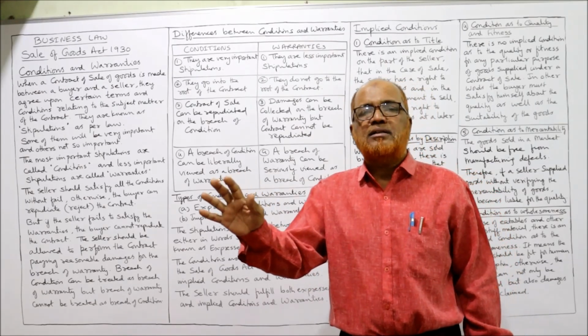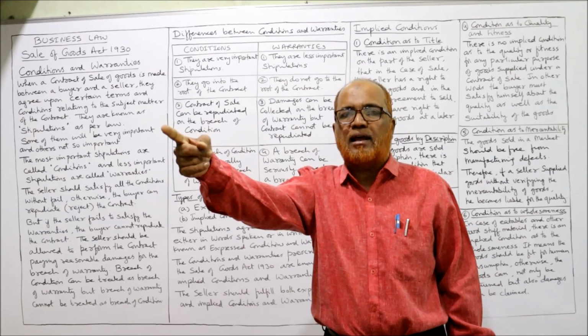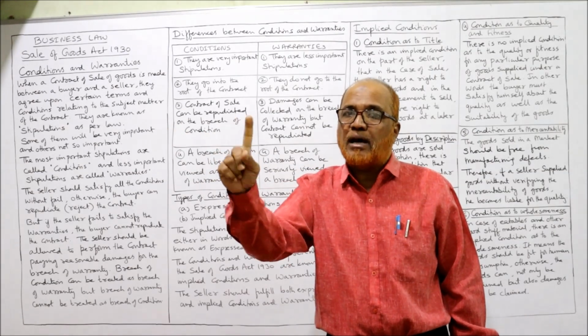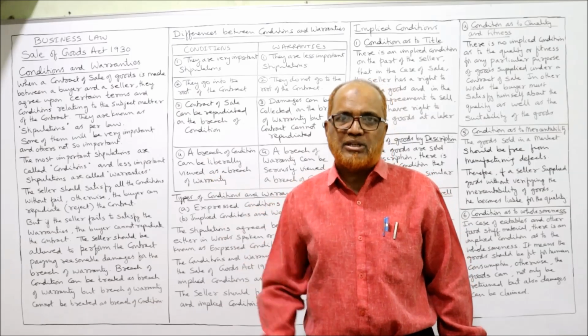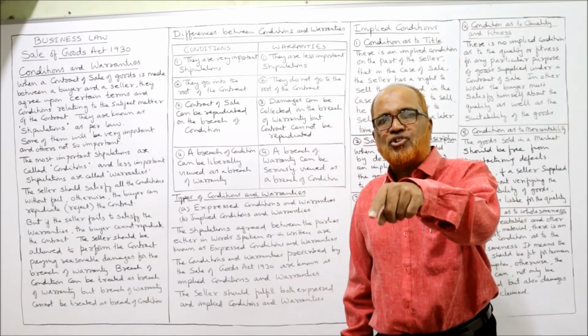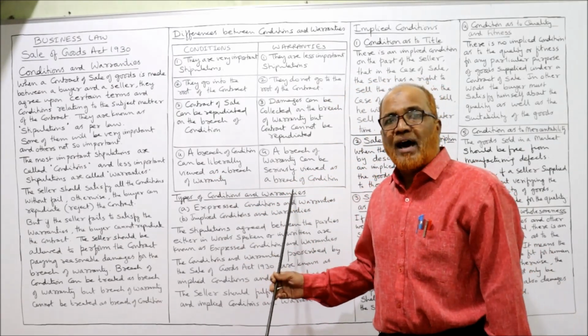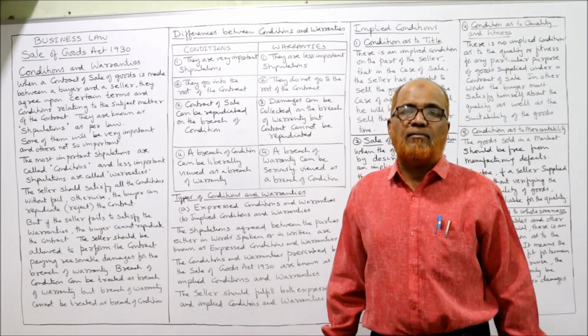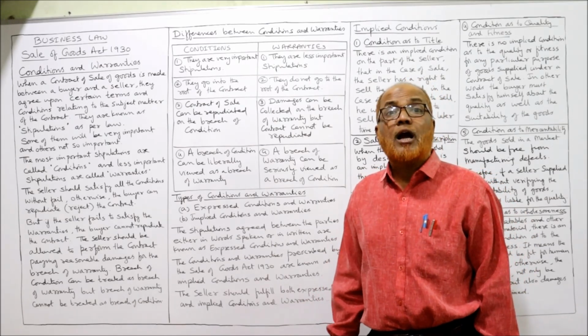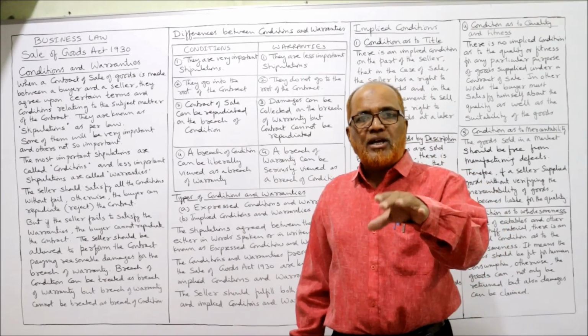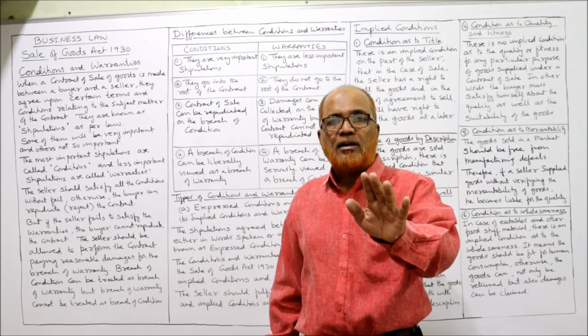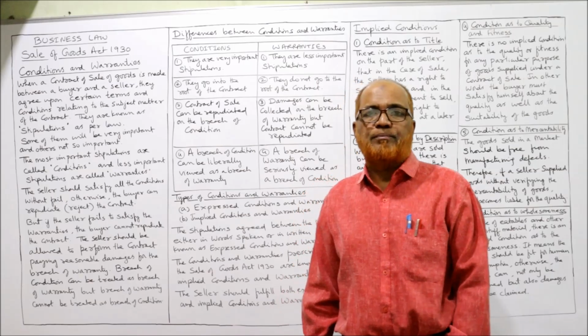I will not return the goods. I will simply tell the seller, I have the right to return, but I am not returning. I will only claim damages. So here condition is treated as a warranty. But warranty can never be treated as a condition. When there is a breach of warranty, we cannot treat it as a breach of condition.